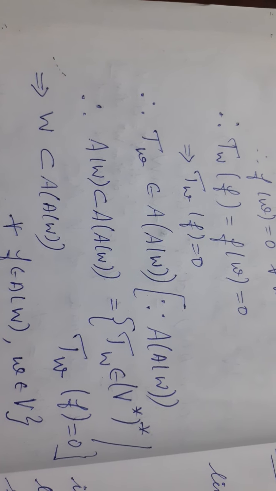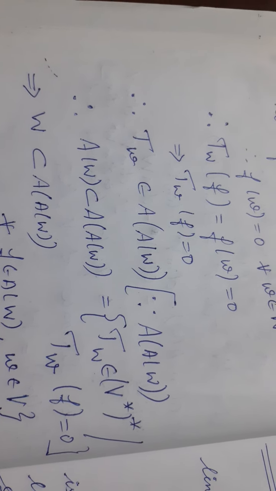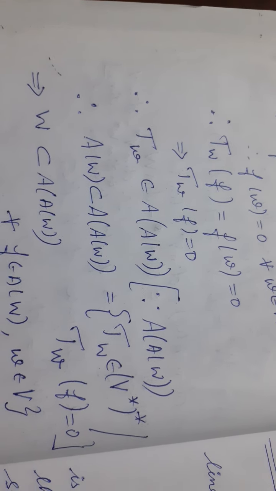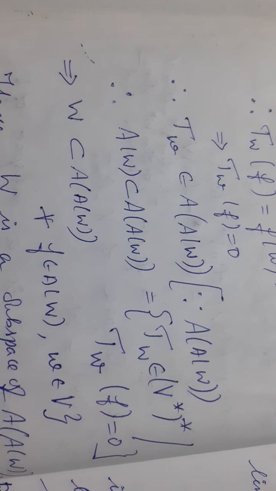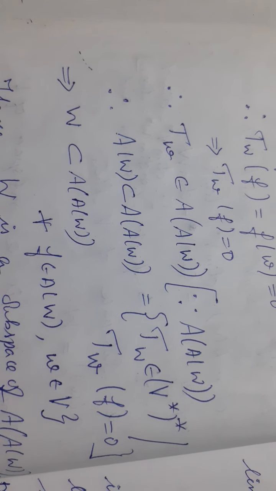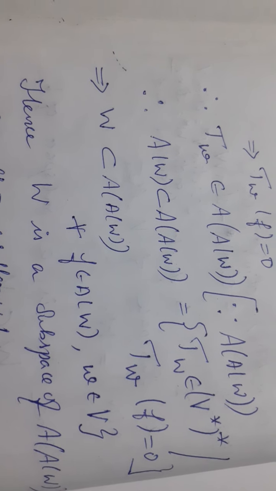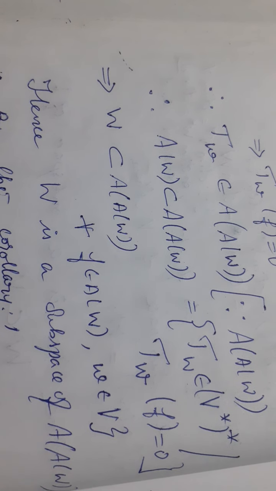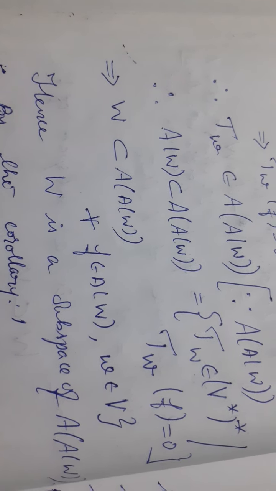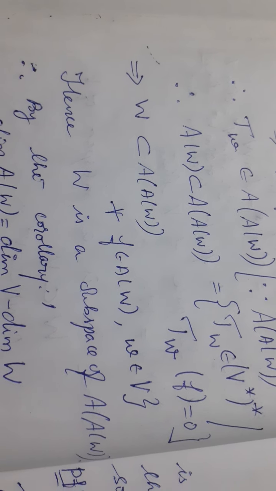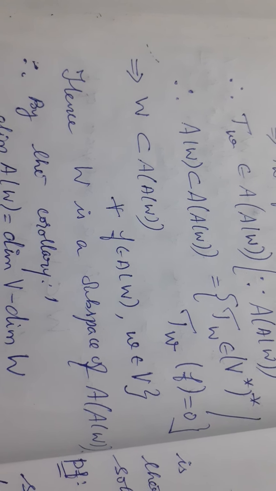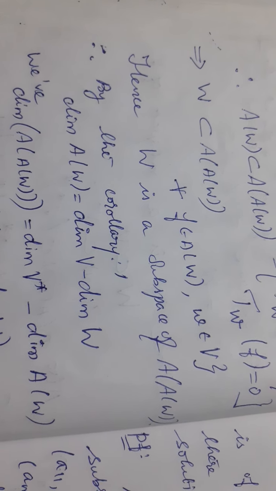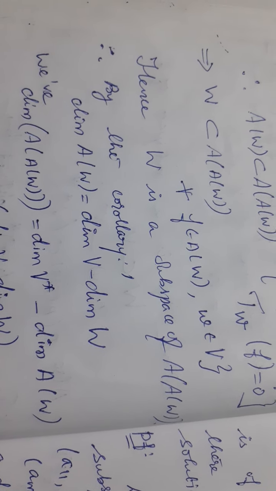Therefore, we can say this t_w belongs to the annihilator of A of W. Therefore, W is a subset of A of A of W, for all functions f belongs to A of W and for all small w belongs to capital W. Therefore, we can say W is a subspace of A of A of W.